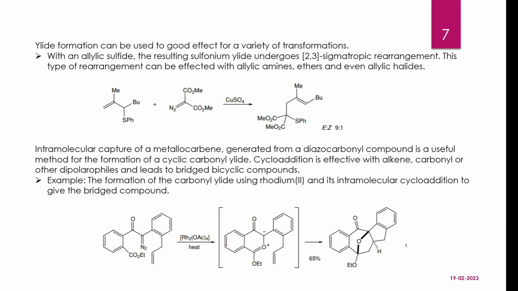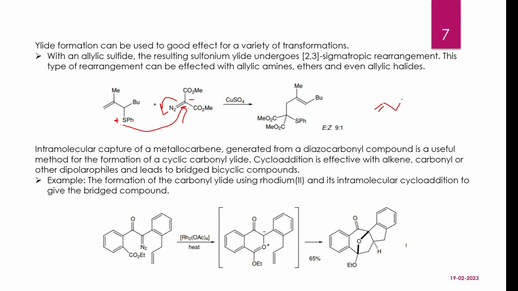Again I lost my cursor. So when this N2 gets removed, there will be a carbene system, and this will attack here, giving us a plus and a minus. So the intermediate will be like this.